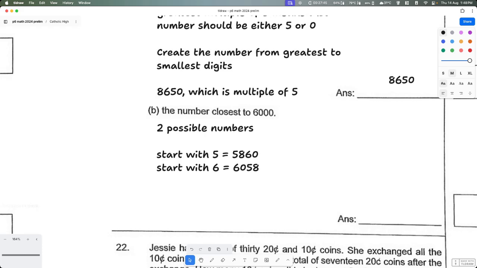That means the closest is 6058, because the difference is 58.